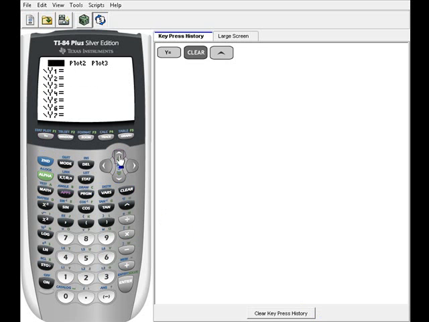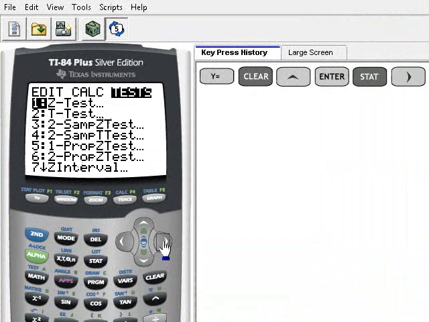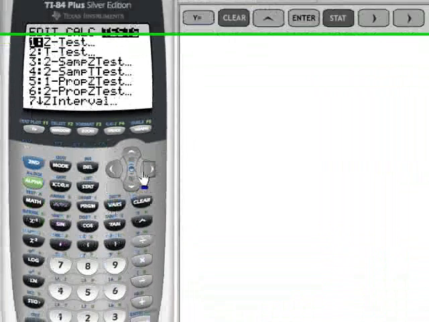Might as well turn off our plots by arrowing up to Plot 1 here and turning it off by pressing enter. Press stat. Since we're doing hypothesis testing for the mean for large samples, and we know sigma, we're going to do a z-test, so either press 1 or enter.